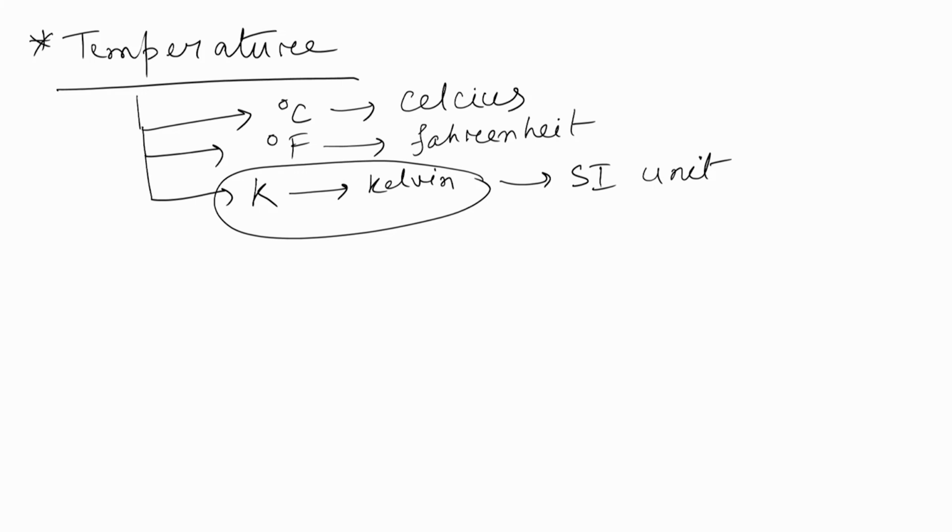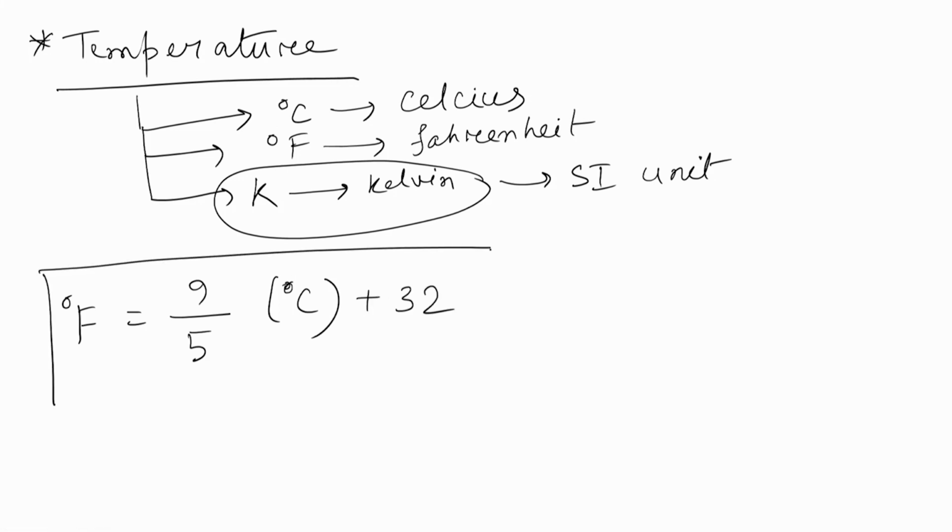Relation between degree Fahrenheit and degree Celsius is: degree Fahrenheit equals 9/5 into degree Celsius plus 32. This is the relation between degree Fahrenheit and degree Celsius. Now we can write it in the reverse way also.